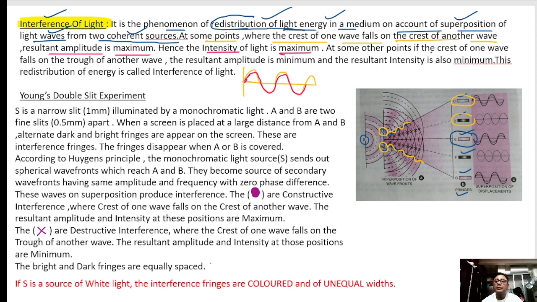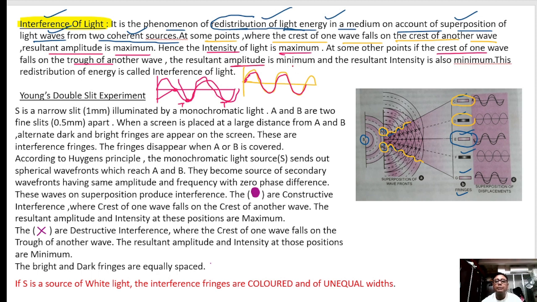And if the crest of one wave falls on the trough of another, that means if this is one wave, and the other wave's crest falls on the trough of the first wave, like this, then they will cancel out each other.